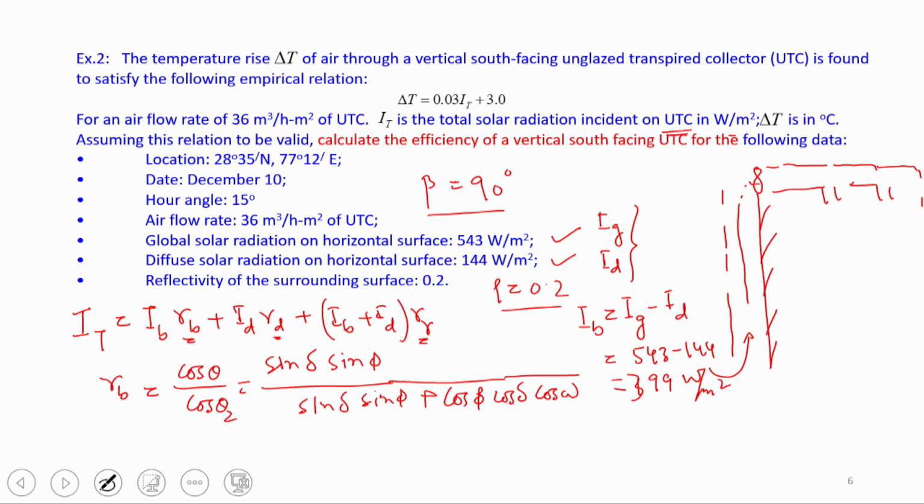Then it is phi minus beta: cos of phi minus beta, cos of delta, cos of omega. You remember this? So now for this, delta and phi are known, and beta is 90 degree. How to find out delta?